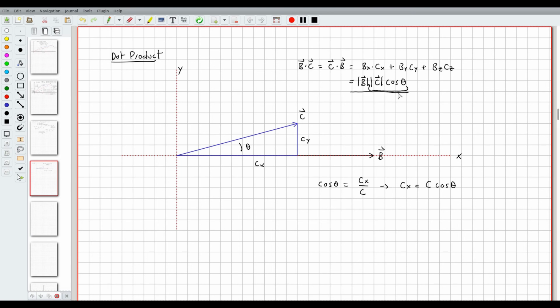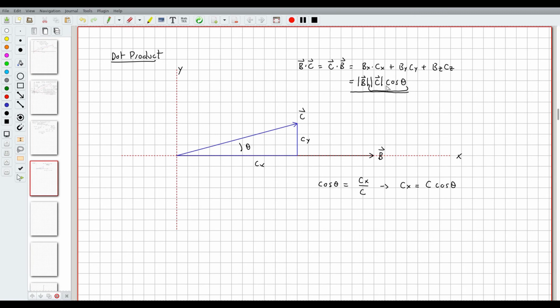So a rough way of thinking about how to interpret the dot product is that it gives you the part of a vector that lies in the direction of another vector.